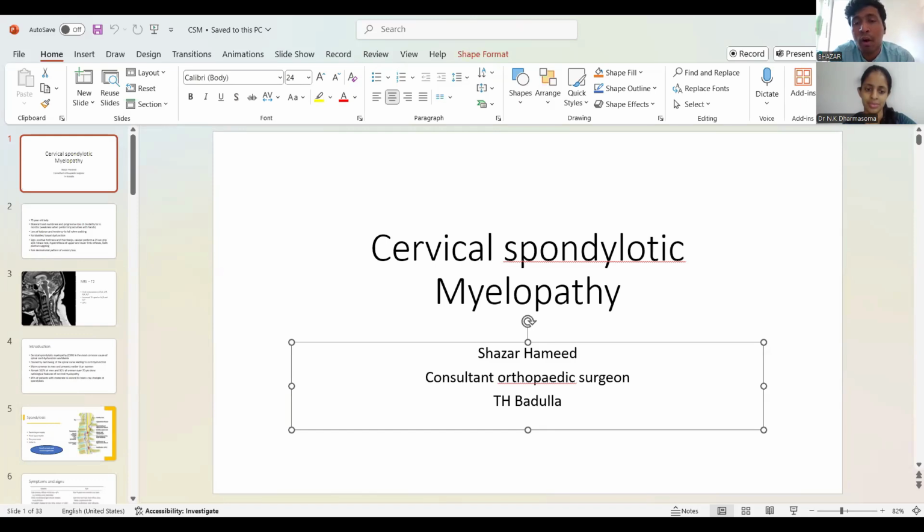The symptoms of a non-neurological nature, such as axial neck pain, you can manage medically. You may offer them neck muscle strengthening exercises, some form of physio, and analgesics. But the moment they have evidence of neurological compromise, you will have to address it surgically, because that is the only way of relieving the cord of this pressure.